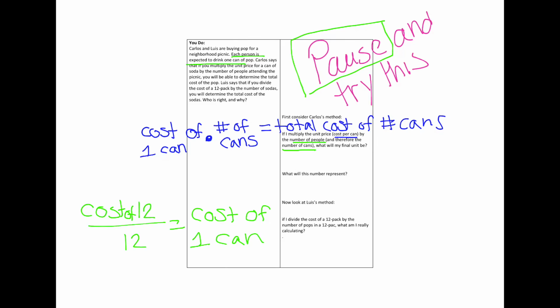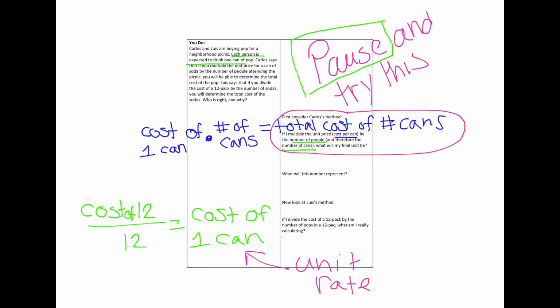This is our unit rate, which means our first student here, Carlos, is correct that he gets the total cost, and Louis, unfortunately, is finding a unit rate. It's important to check both students' work because they could both be correct.